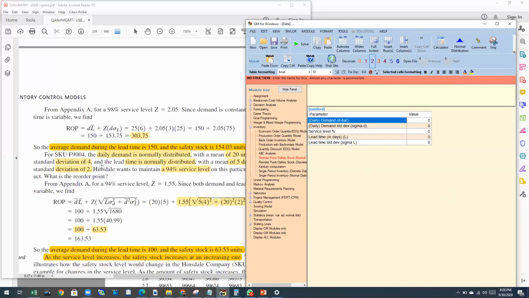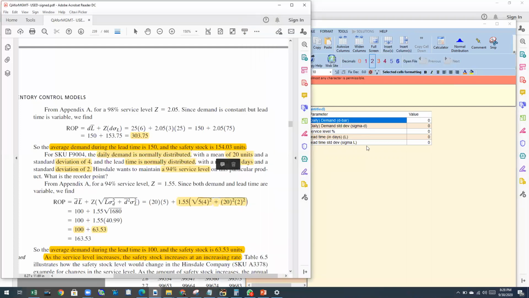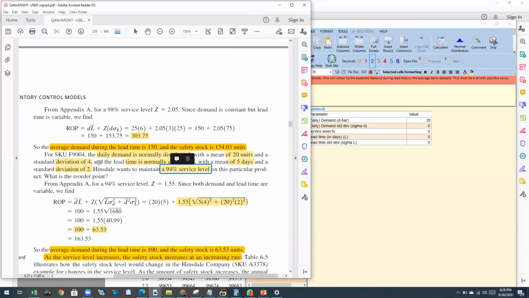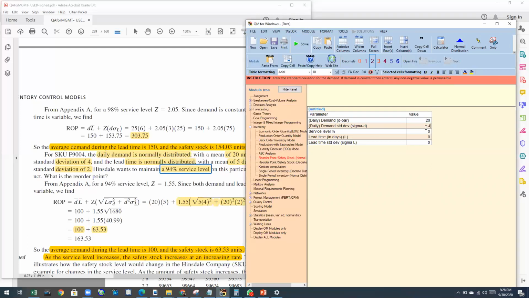So what it said is daily demand is normally distributed with a mean of 20, a standard deviation of demand is 4, and the service level wanted is 94%, so we type in 94.